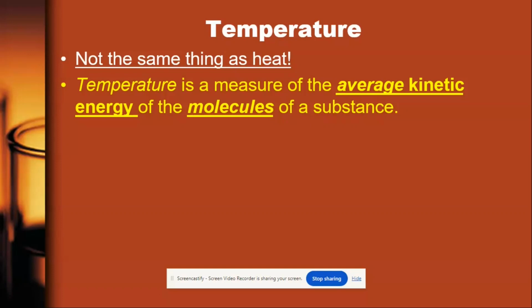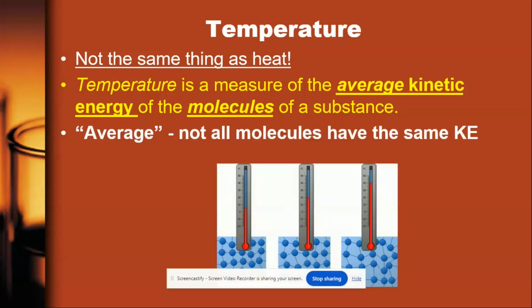However, if I asked you, what did your class make on the test? That would be a more difficult question because everybody made a different grade. But what I could do is give you the average, and that would give you a little more information. So the reason we use the word average here is that not all molecules have the same amount of kinetic energy at the same time.